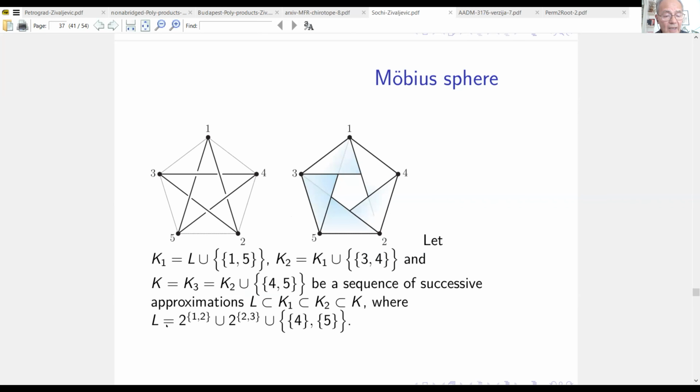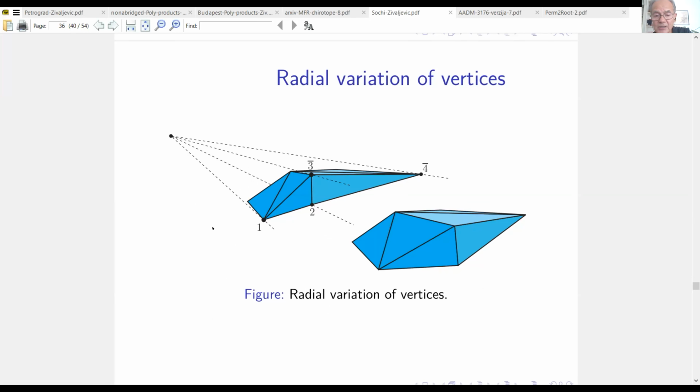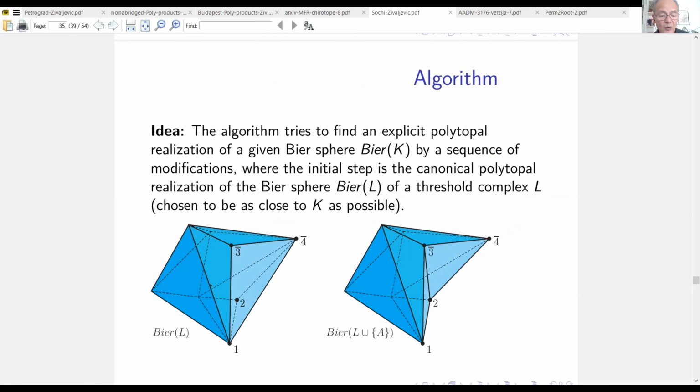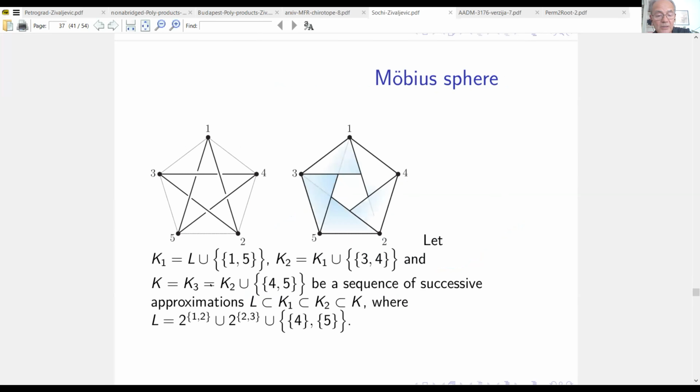So as you can see, L has just 2 edges, 1, 2, and 2, 3, and of course vertices 4 and 5, and it is polytopal. So you can imagine that the geometric realization of L is precisely this convex polytope on the left. So that's the Bier L realization.